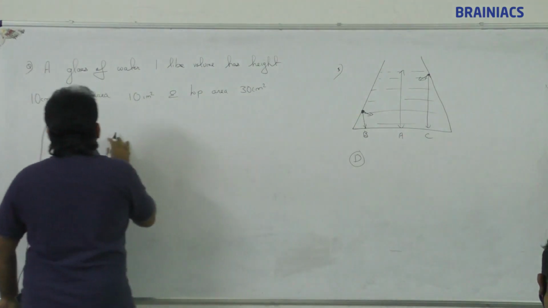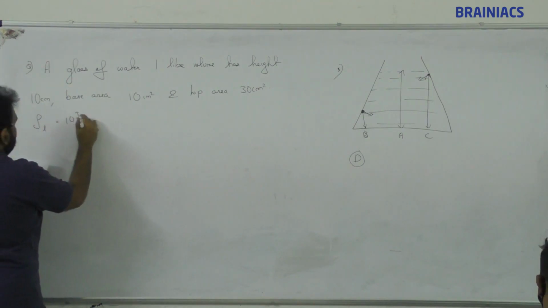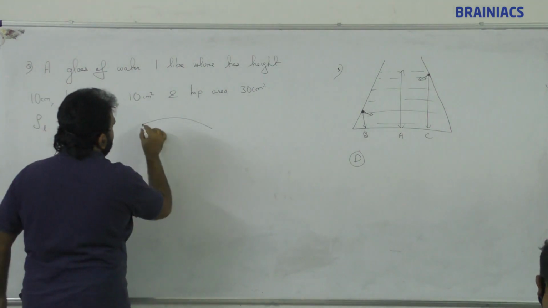Density of the liquid is 10 raised to 3 kilogram per meter cube. So this is also given.